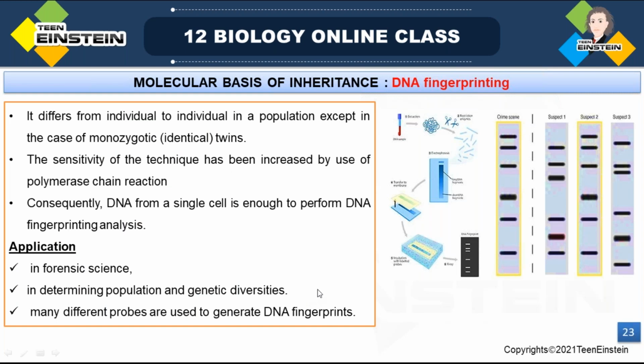And next, the applications of DNA fingerprinting. From individual to individual in a population, the banding pattern of DNA differs. In identical twins, you can see the same banding pattern, because their genetic constitution will also be identical, right? The sensitivity of the technique has been increased by the use of polymerase chain reaction, PCR.